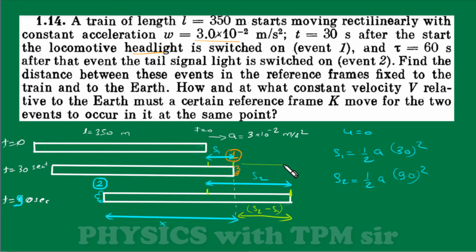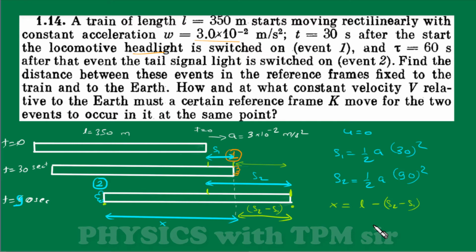So this is s2 minus s1, and we know that from this end to this end the total length of the train is L. So if I subtract s2 minus s1 from L, I will get x. So the distance they are asking is actually L minus (s2 minus s1).